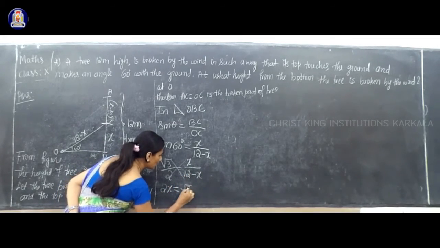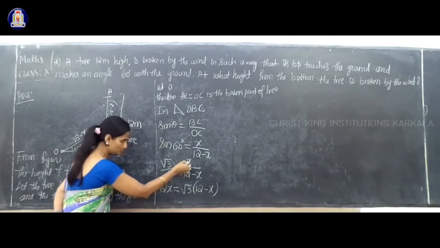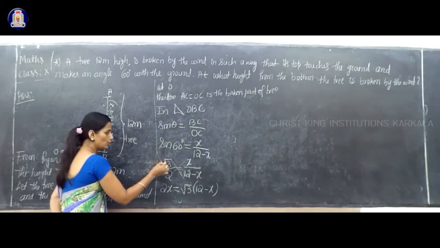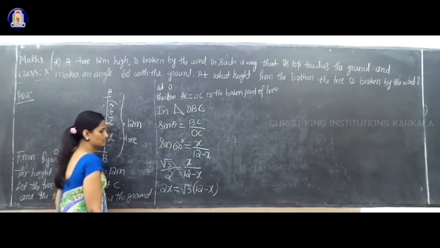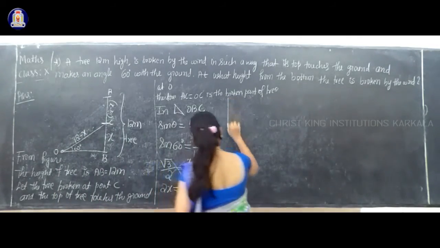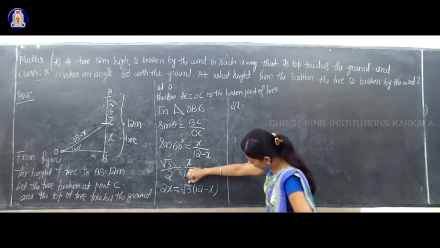So first I write root 3 into 12 minus x. Correct no? Now next is simplification. It is 2x is equal to, now let's open that.